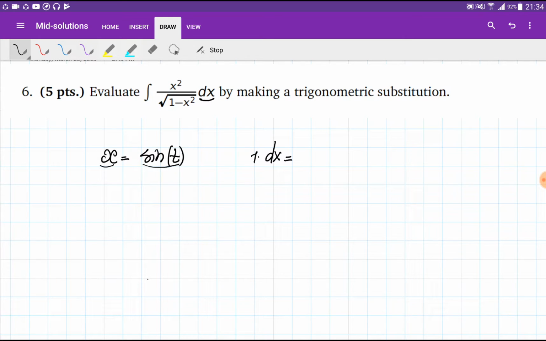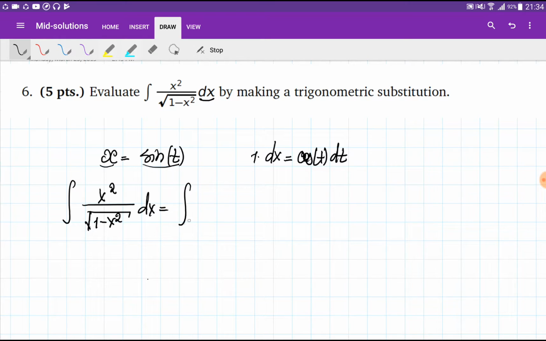And from the right, I need to take the derivative of this function with respect to t, which will be equal to cosine of t, and obviously I have to multiply this by dt. So I will substitute all the x's and dx's with t's and dt's. The integration of x squared divided by the square root of 1 minus x squared dx is equal to the integration of x squared, which is sine square of t, and 1 minus sine square of t is equal to cosine square of t, so the square root of cosine square of t, multiplied by cosine of t dt, right?